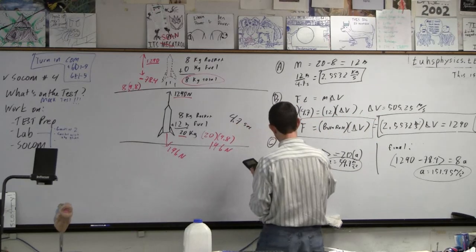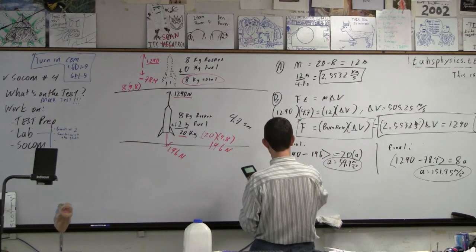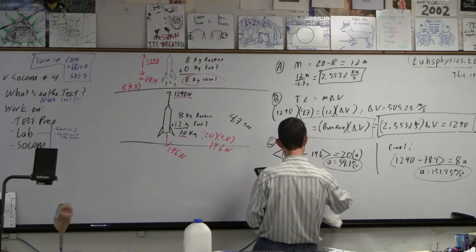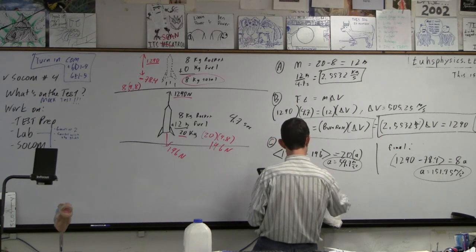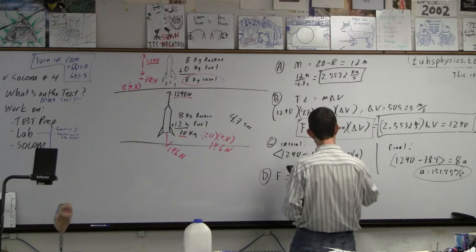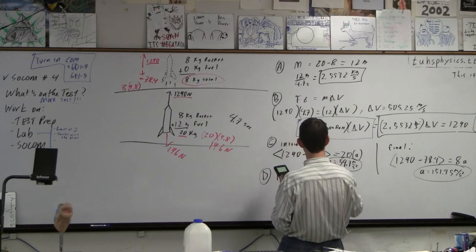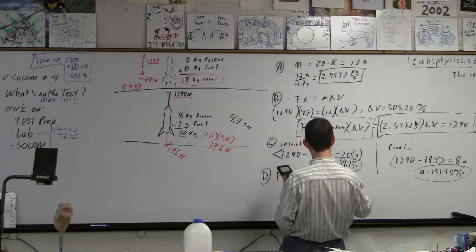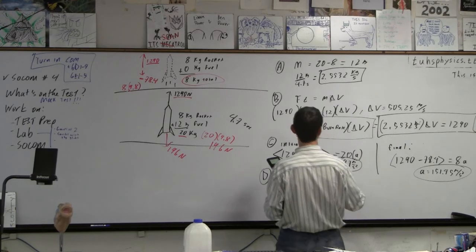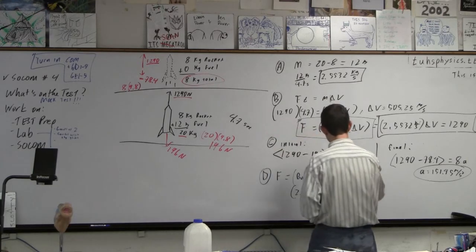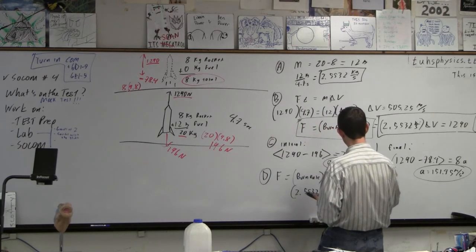Okay, so D, we're going to say the force is the burn rate times the exhaust velocity. The burn rate is this guy, so I'm going to go 2.5532. So it's the same mass in the same time, right? And then the exhaust velocity is 1778.